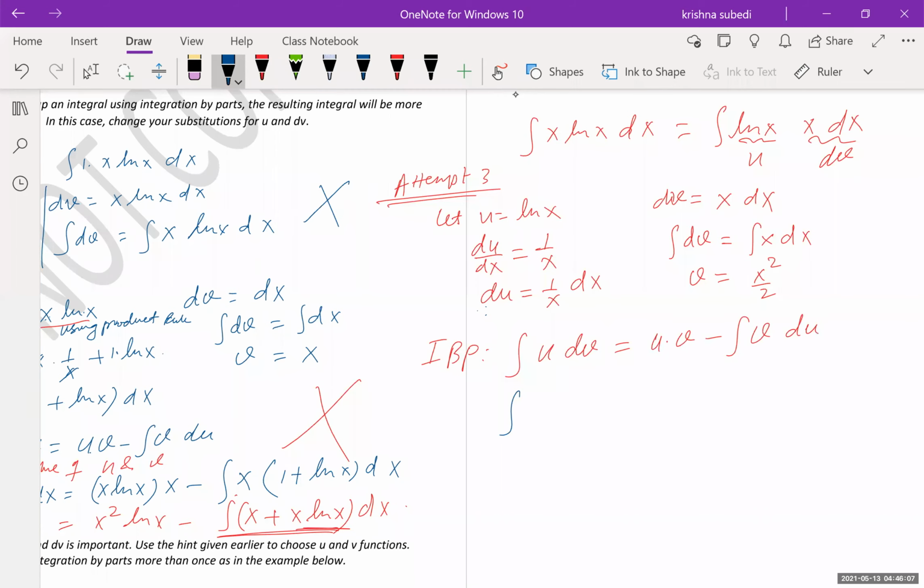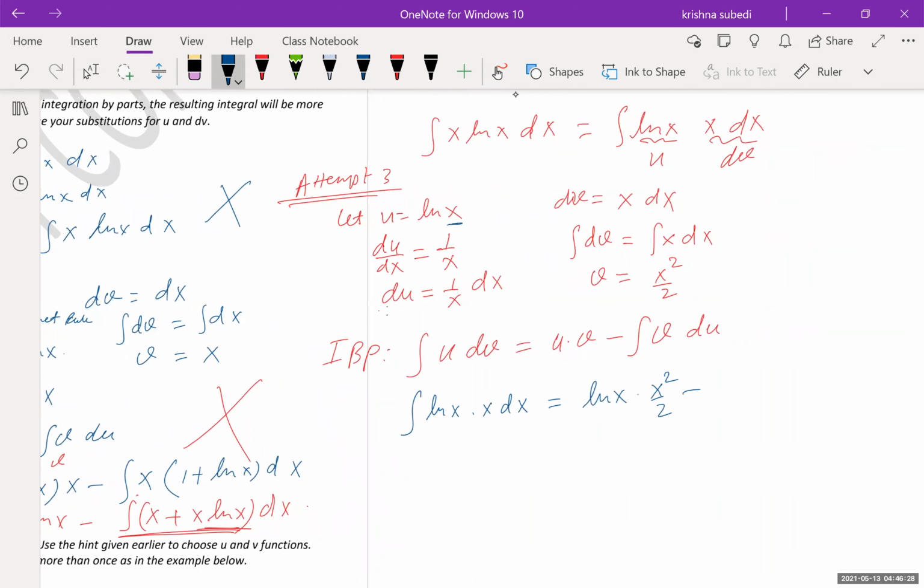So let's plug in the value. Integration u means, you see here, ln x, dv is x dx equals u is ln x and dv is x. Oh, b is not x. v is x squared over 2 minus integration v is x squared over 2, and du is, you see here, 1 over x dx.